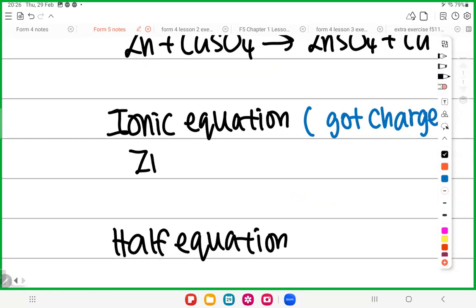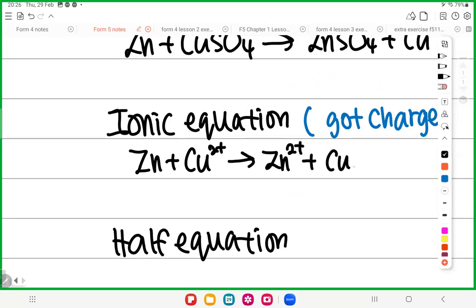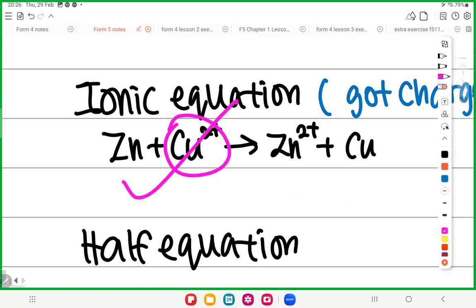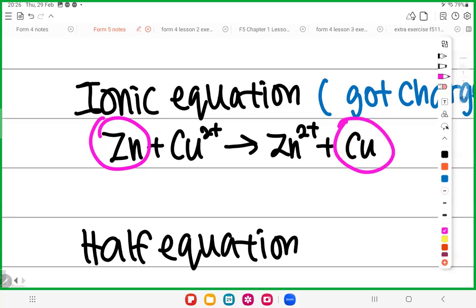Example: Zn plus Cu2+ becomes Zn2+ plus Cu. Do you see a charge here? Yes. So when the equation has charges, you know it is an ionic equation. Then some people say, sir, this one doesn't have a charge. Well, I didn't say everything must have a charge.